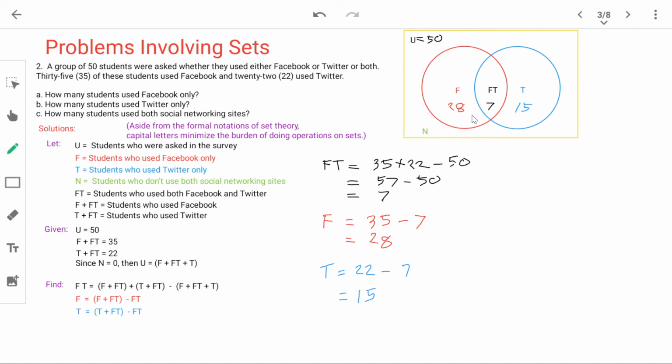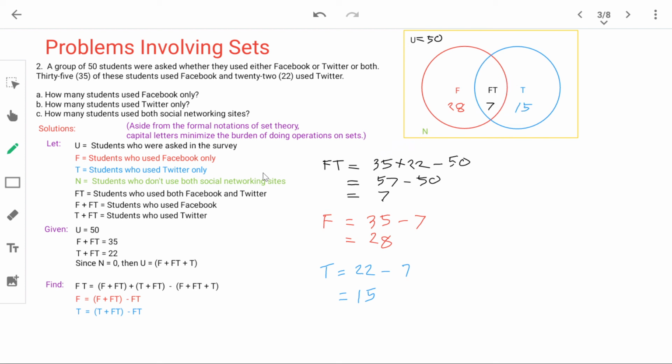If we are going to sum these numbers up, 28 plus 7, that is 35, plus 15, 45, 50, a total of 50 students.